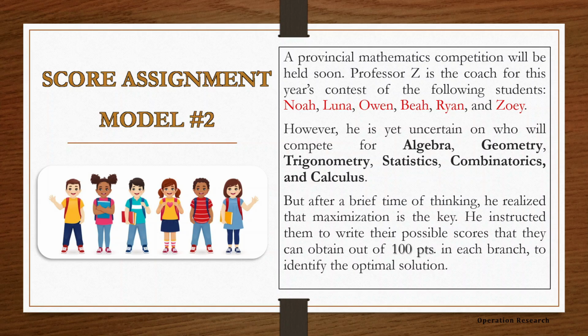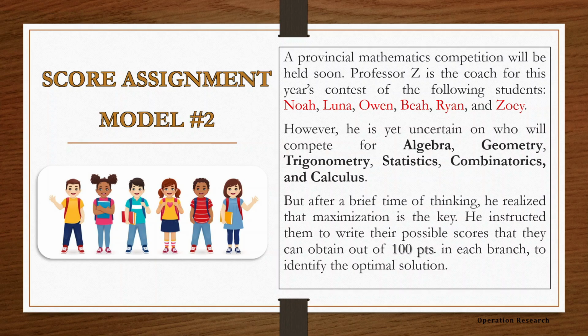To understand deeply, let's have another example. A provincial mathematics competition will be held soon. Professor Z is the coach for this year's contest of the following students: Noah, Luna, Owen, Bea, Ryan, and Zoe.